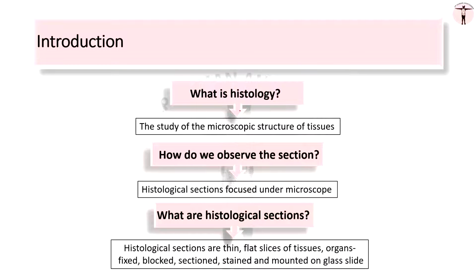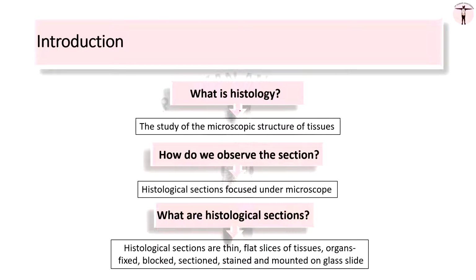Then blocks are made with paraffin wax, where the tissue is embedded and a wax block is made. After the wax block is made, thin slices of the tissue from this block are sectioned with the help of a microtome.